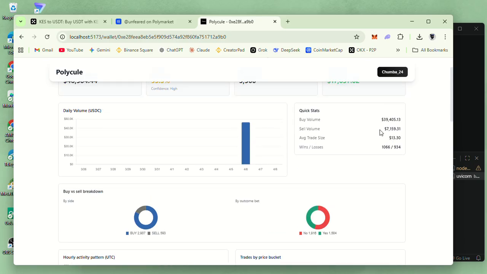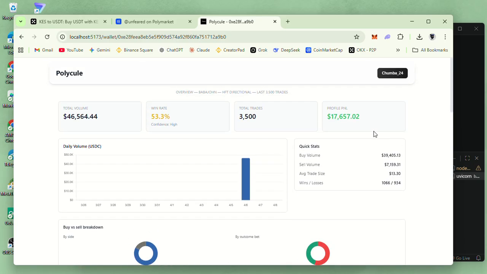It's not the best way to analyze wallets, but this account buys both sides, buying up and down, so it has closer to a 50% win rate, which is not a good wallet to copy trade.